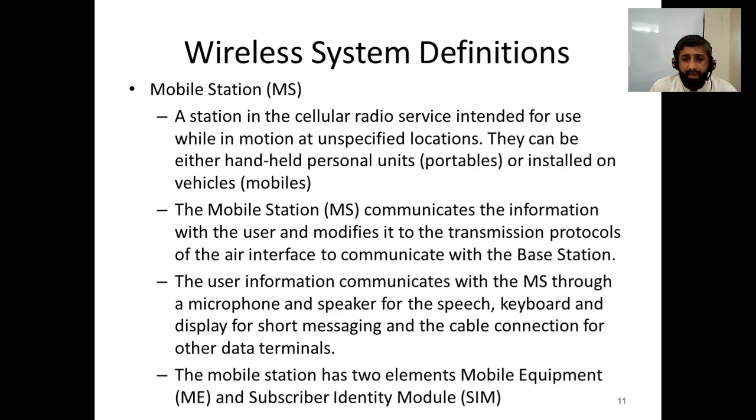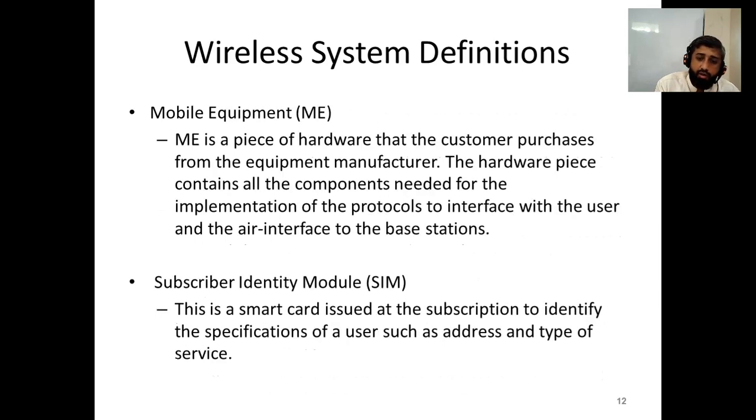The mobile station generally has two elements. The first one is called mobile equipment, and the second one is called the subscriber identity module, or SIM. Mobile equipment is actually the hardware, the piece of hardware that you carry.